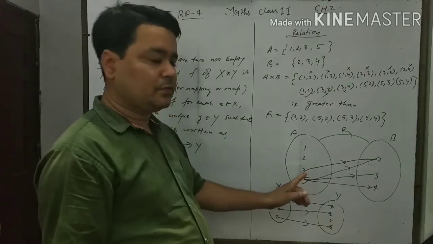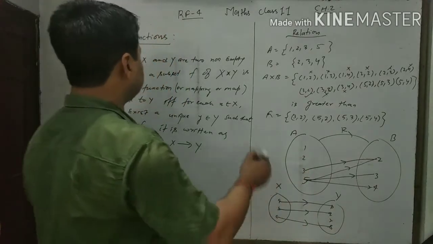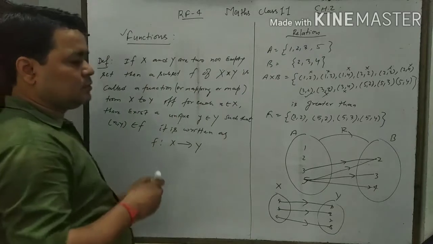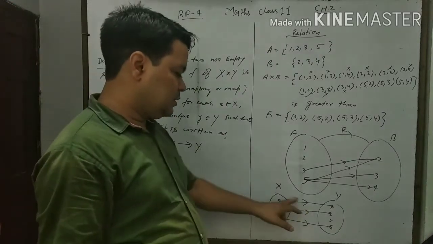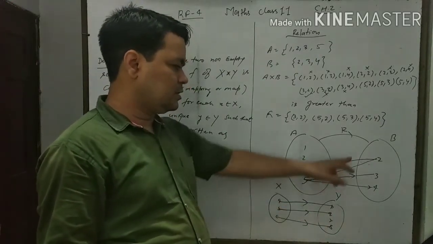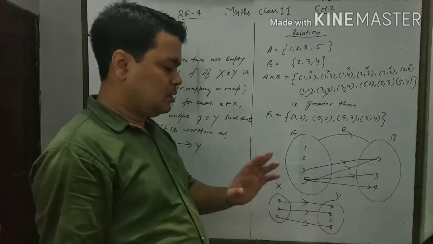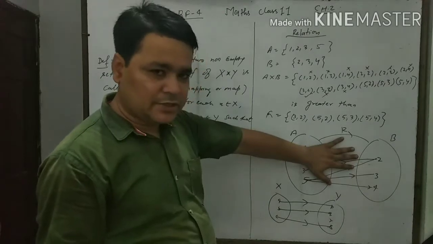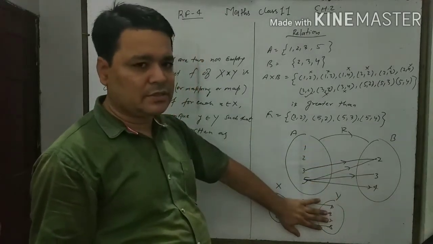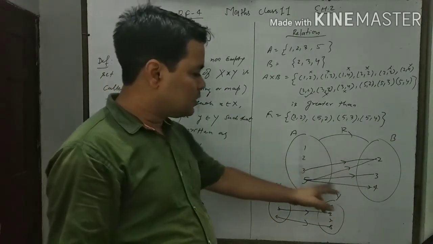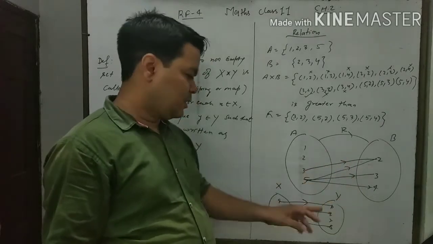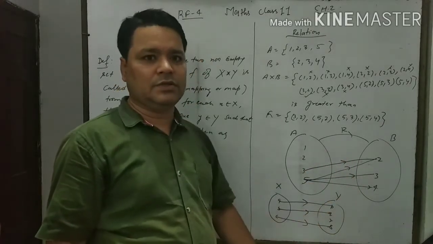But if we talk about the function, then this represents a function, but this is not a function. This is also a relation, this is also a relation, but the first one is not a function and the second one is a function.